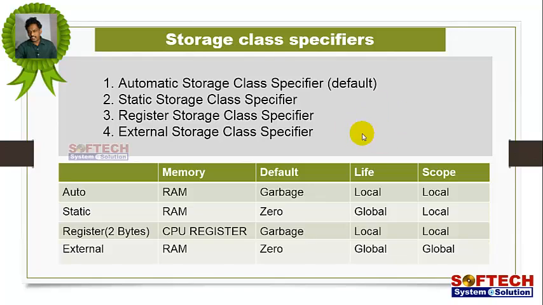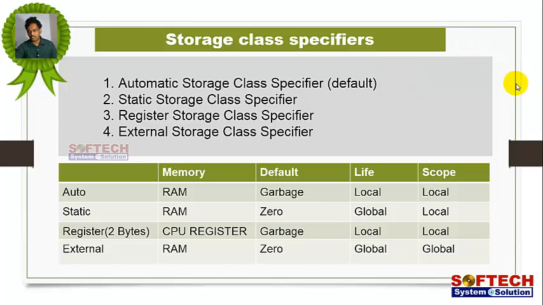If we declare a variable in a function, when we enter the function, the life of that variable starts. If we terminate from the function, the life of the variable comes to an end. Life has two types, global life and local life. If we declare a variable in a function, we can access that variable within the function.